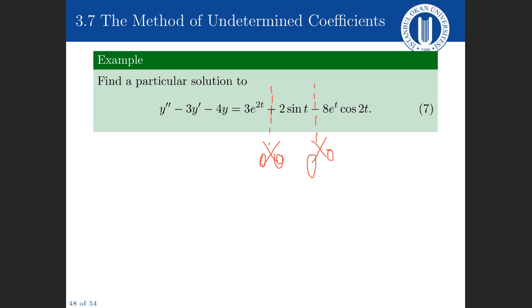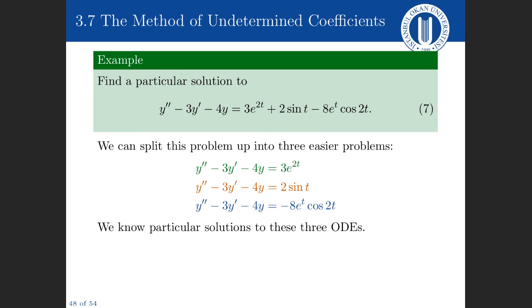So just imagine we cut here and we cut here. Instead of this long, complicated formula, we're going to look at three easier problems, which I've colored green, orange, and blue. But we've already done these three. We already know particular solutions to these three differential equations.